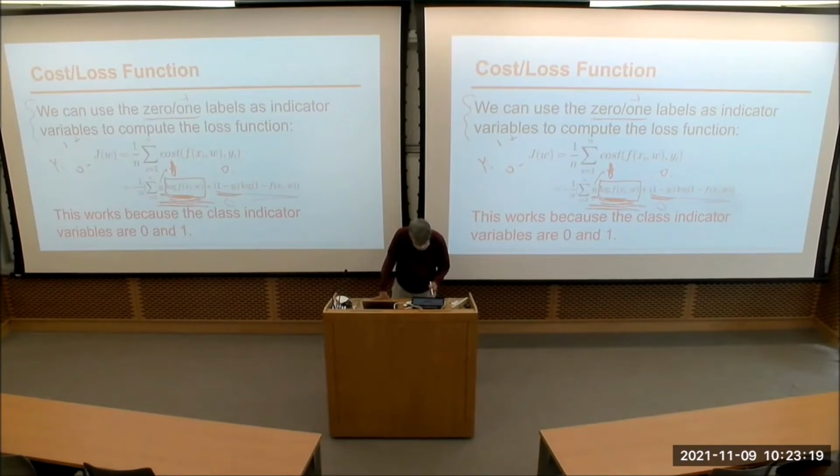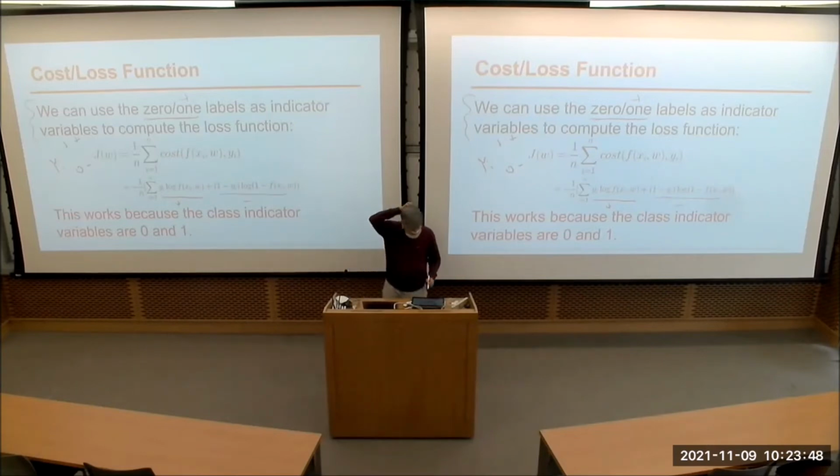And that tells me that if we have a positive labeled example, we are going to pay the penalty of this. This is the penalty for a positive example. This is the penalty for a negative example.